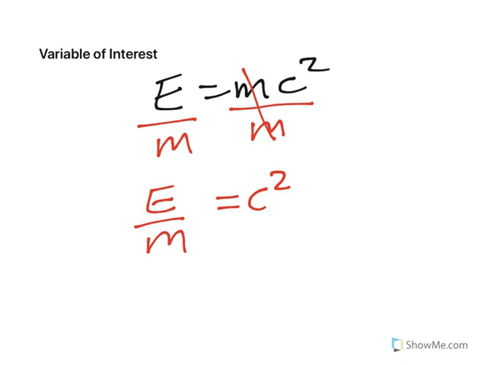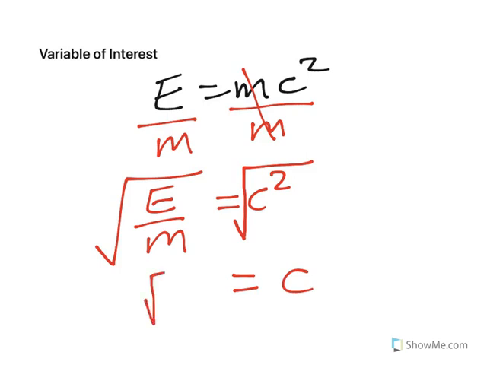So to find c, I have to take the square root of c squared, which means I have to take the square root of that. And the square root of c squared is just c. And now I can't simplify this other than saying that the speed of light is the square root of energy divided by mass. But that's how you do it.